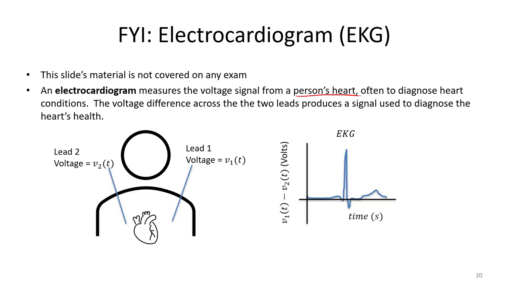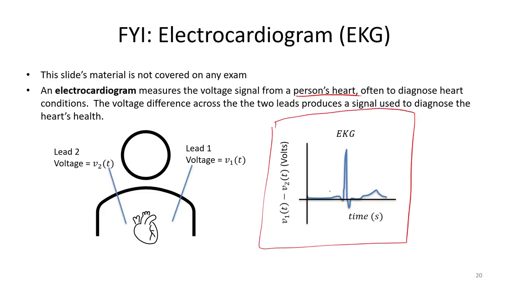And so, how an electrocardiogram works is we put two voltage probes or leads on a person and we measure the voltage across those two leads. And the voltage difference measured is what produces the EKG curve.